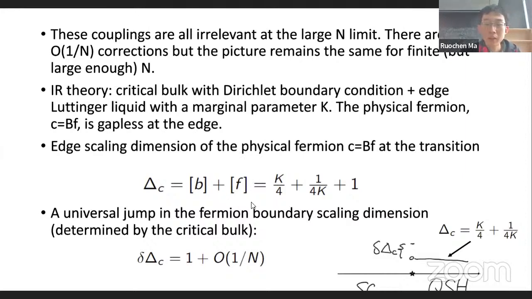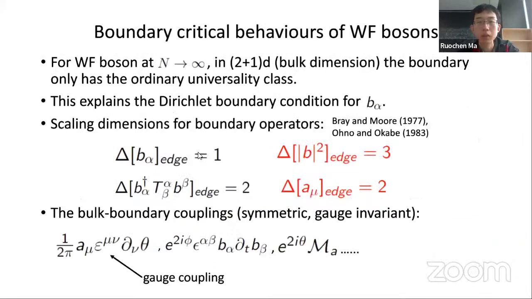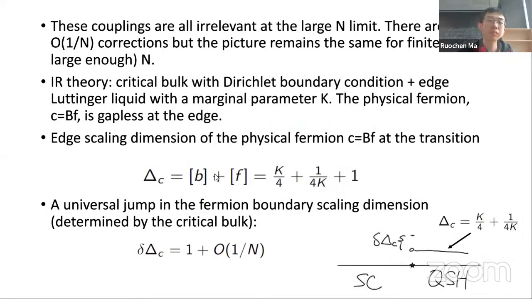And the F sector can be calculated by this Luttinger parameter, and the B sector, as I listed above, is 1. So the boundary scaling dimension of this physical fermion is calculated here at the transition at the edge.